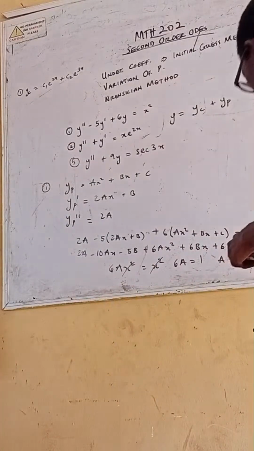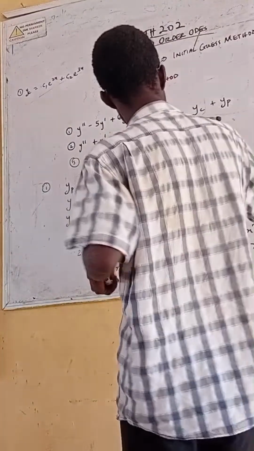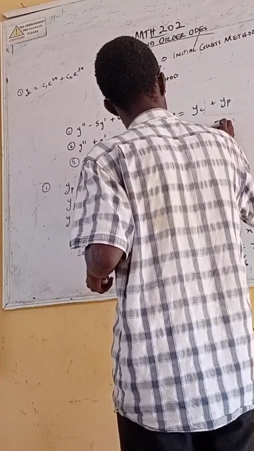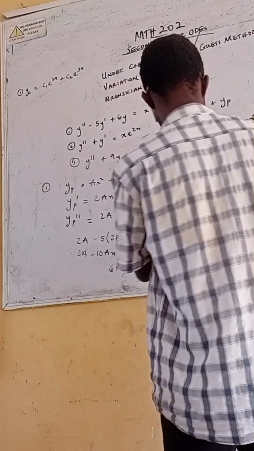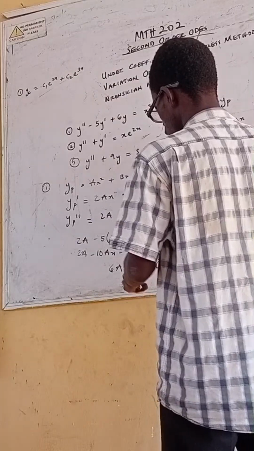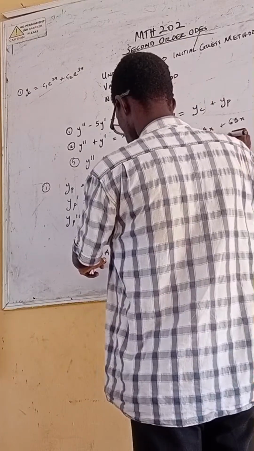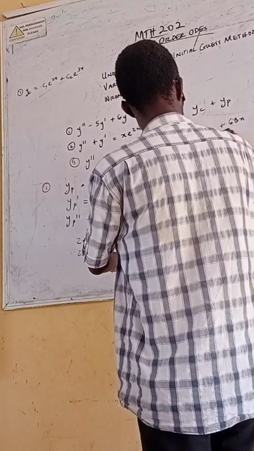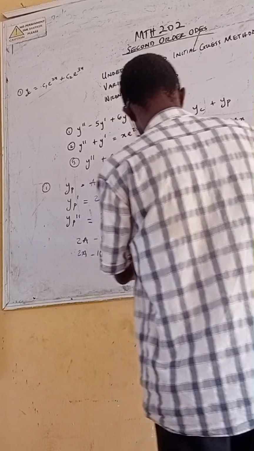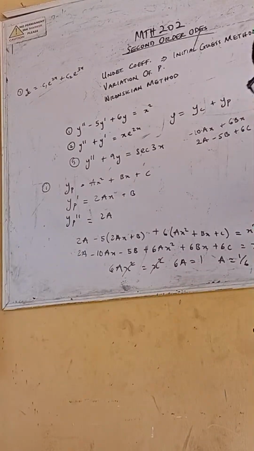Now for b, let's compare the ones that have x. Let's write them out: minus 10ax plus 6bx. That's all. Let's compare the ones that do not have x, the constant terms: 2a minus 5b plus 6c. Now you notice that there is no function of x on the right side, so it's equal to 0.